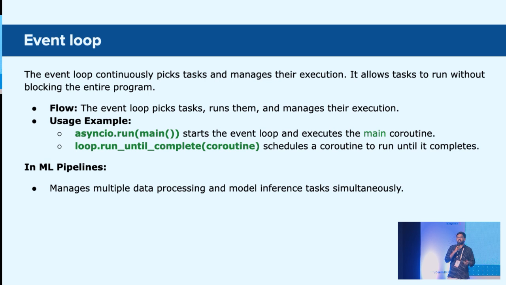Once the task finishes, it gives control back to the event loop. In the sample usage example I've put, you use asyncio.run, and that starts the event loop and executes the main coroutine. In machine learning pipelines, the application can be fetching and processing multiple data models simultaneously.